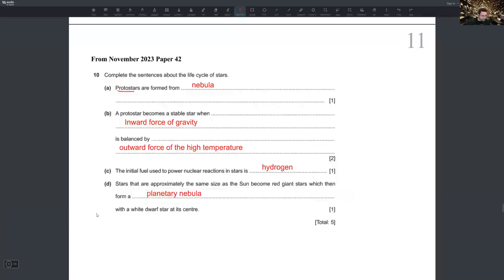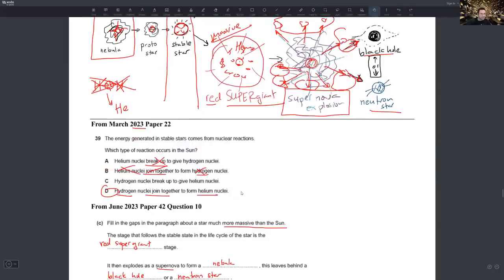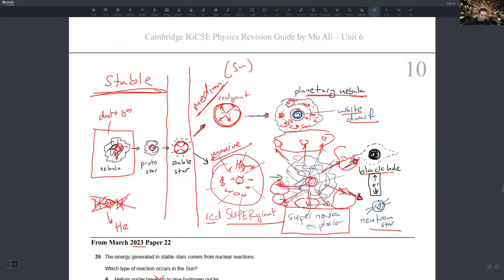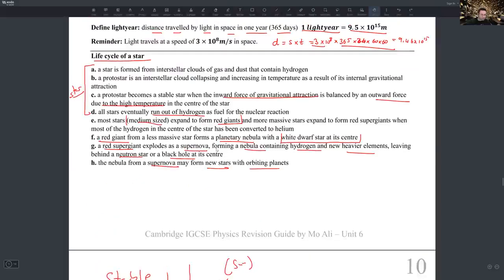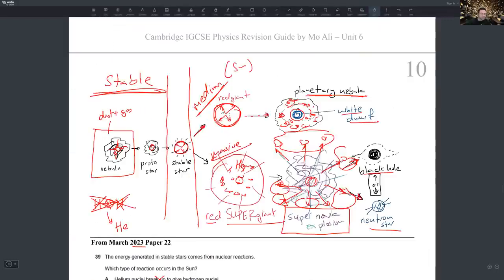A good question to ask: what's the difference between a planetary nebula and an interstellar nebula? An interstellar nebula comes from a supernova. When a supernova explodes, it forms a new nebula with new elements. This is called interstellar because it's in a different part of space, not even the same solar system, it just goes away somewhere else.